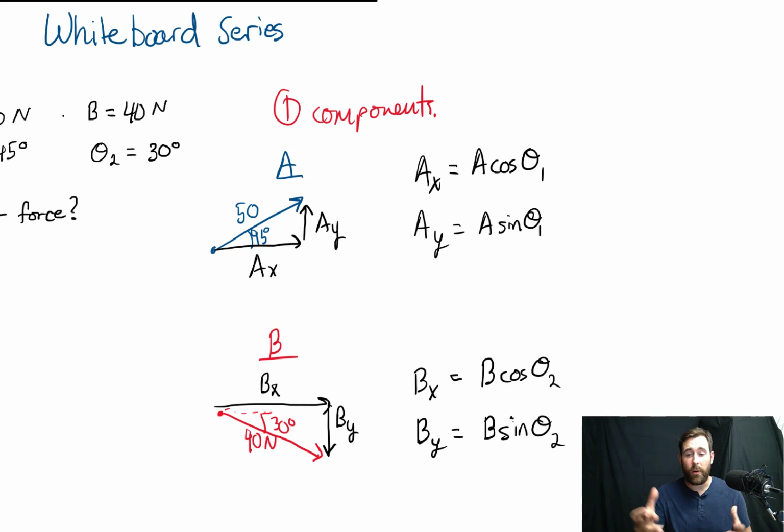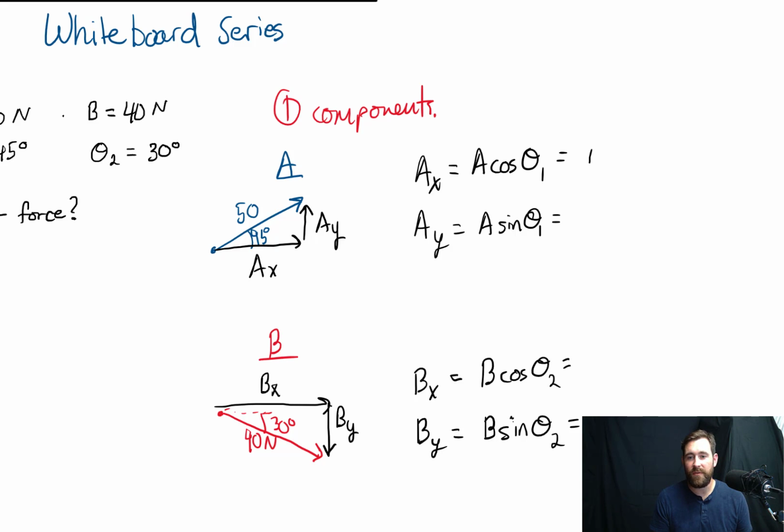So like from before, my equations are right there on the screen now. So any of your x components are going to be the vector value, A in this case, times cosine. Any of your y components are going to be the vector length times sine. So I'm going to go ahead and plug in my numbers for each of these vectors just to show you where those are. On this first one, I'm going to use my A values.